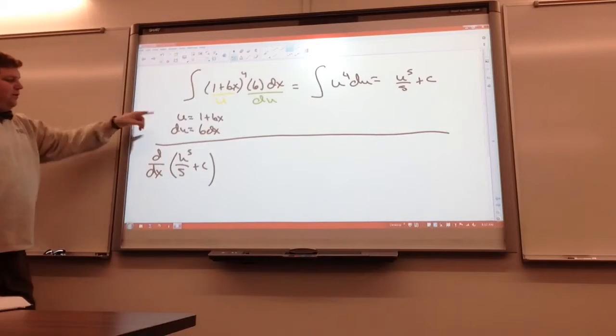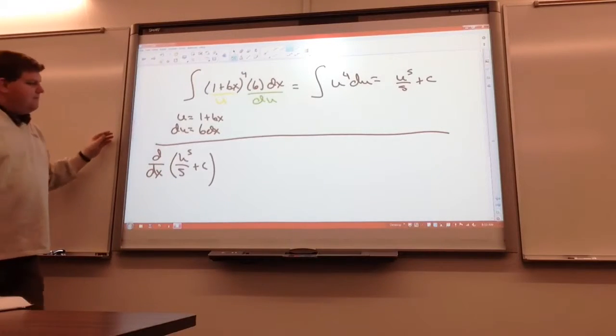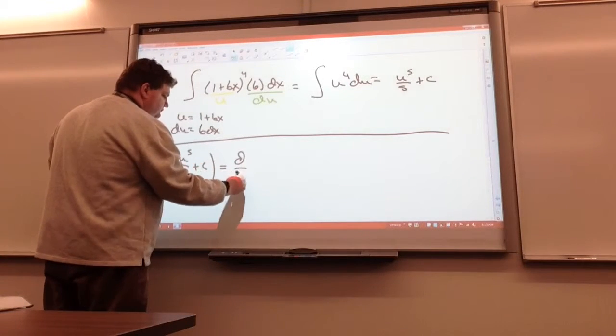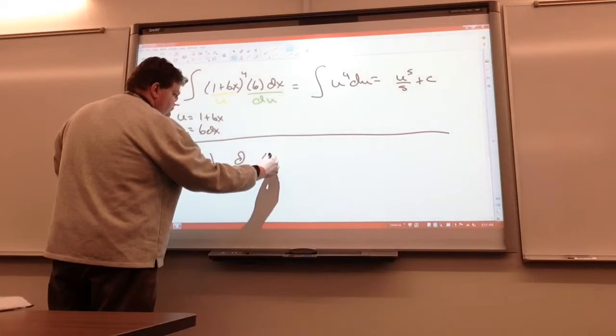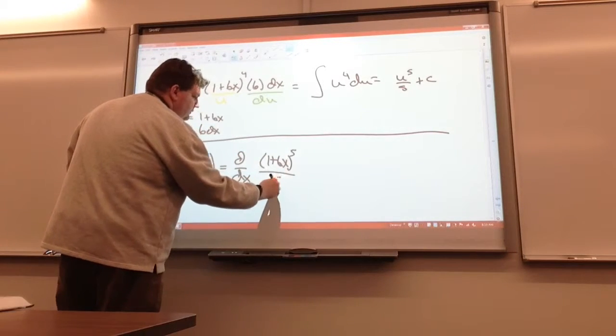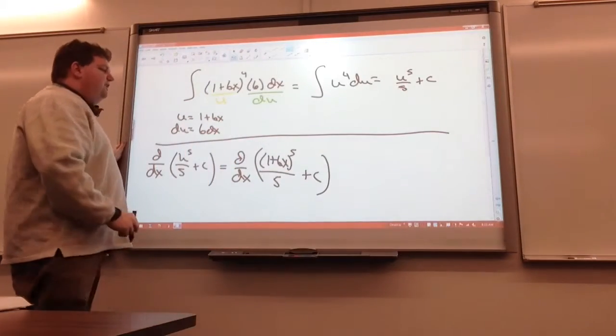So we're going to do the derivative with respect to x of u to the 5th over 5 plus c. Well, u is 1 plus 6x, right? So we can go ahead and put that back in, just like so.